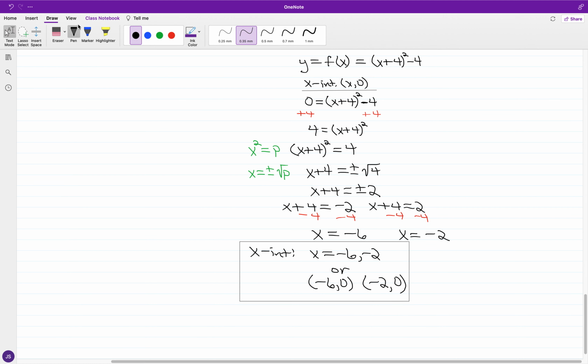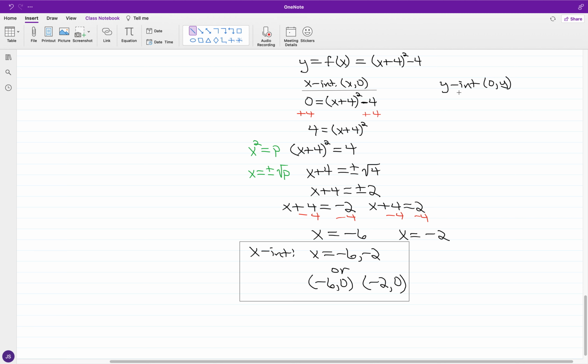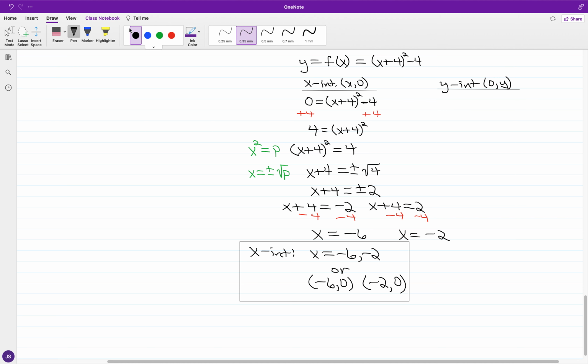And for the y-intercept, we're taking turns along the lines of what to set to 0 and what variable to solve for. So here we're solving for y. We have y is equal to f of 0.